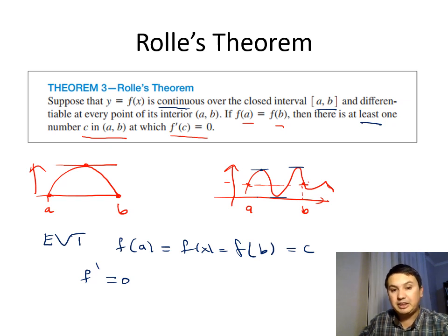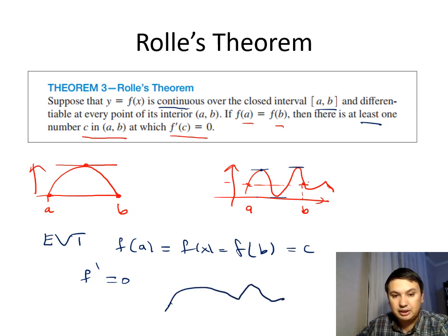So what if the maximum and minimum are not at the endpoints? What if, let's say, the maximum is inside, or the minimum? So here's my function, here's my a, here's my b, and I know that the maximum occurs somewhere here, right? Somewhere there. So what happens then?